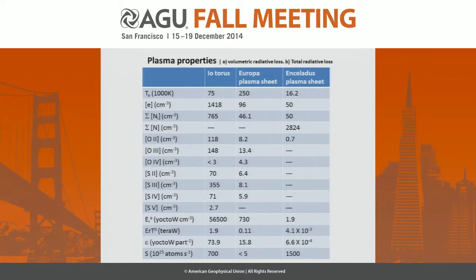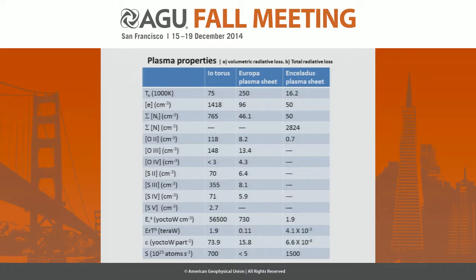So here is a comparison of what we derive from that data. This is the Io torus at the eastern ansa distribution. Total electrons 1418 compared to 96 in the Europa plasma. Temperatures 250,000 degrees here, 75,000 degrees. As the plasma drifts outward, you build ion charge going outward, if you look at those ratios.